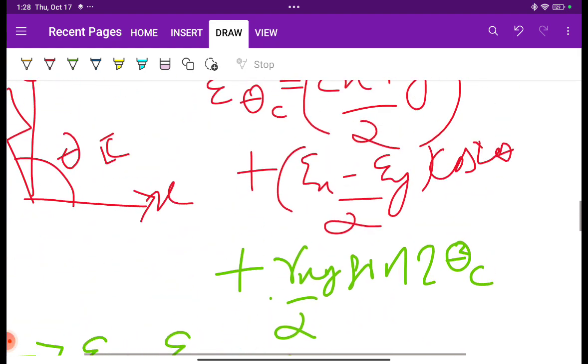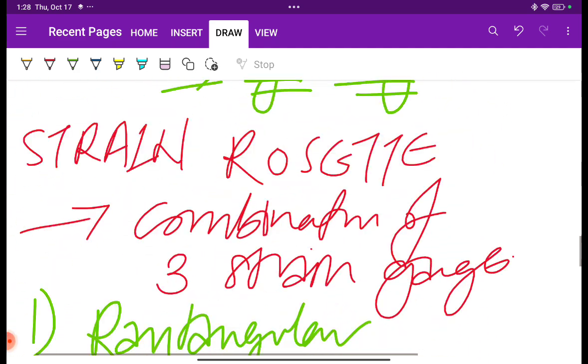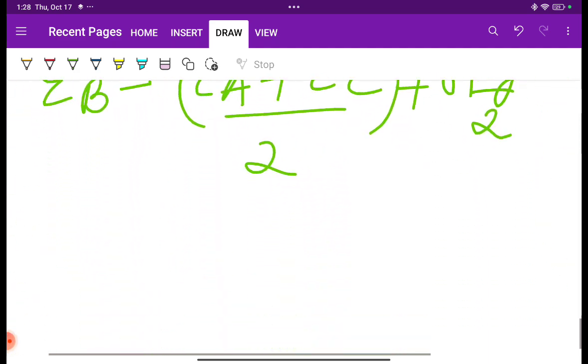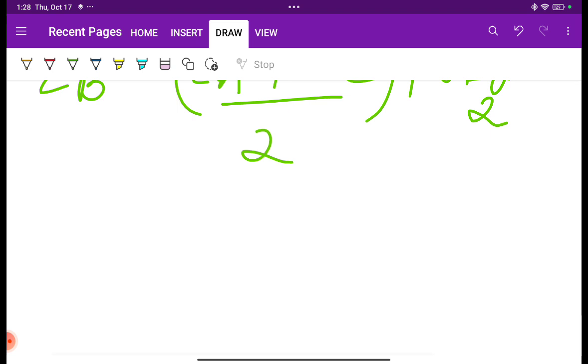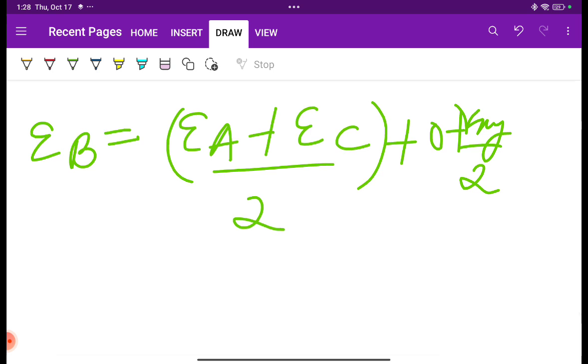From the above formula we can say this. Cos 90 is 0 and sine 90 is 1.